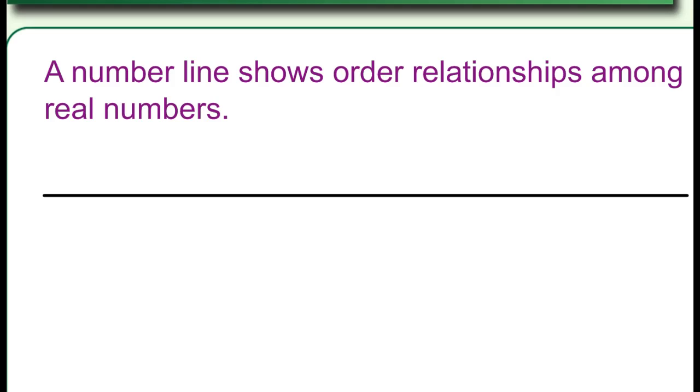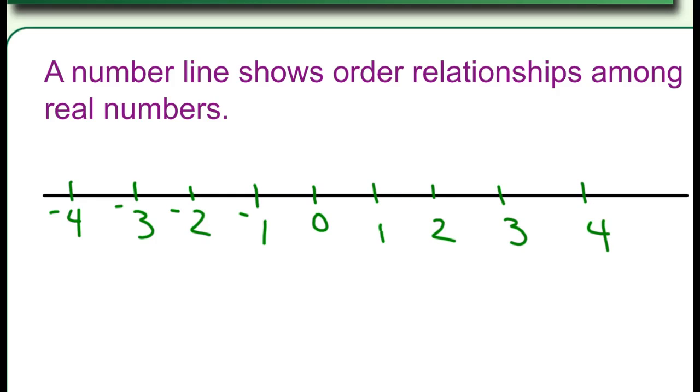So if I have my number line here, right smack dab in the center is 0. The numbers to the right of 0 are positive, and the numbers to the left of 0 are negative. And we can use this number line to help us order numbers.